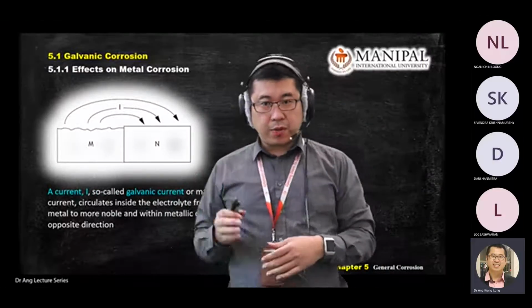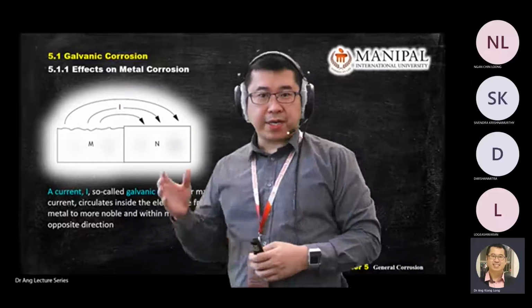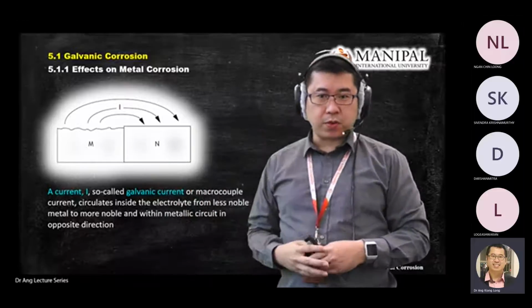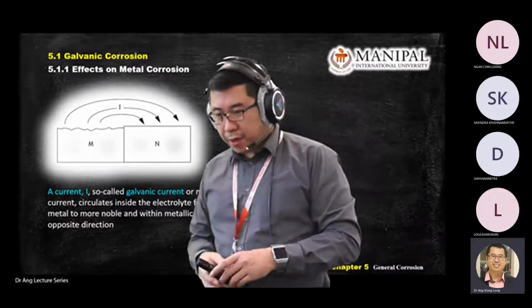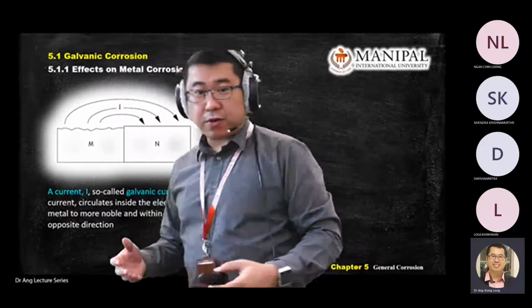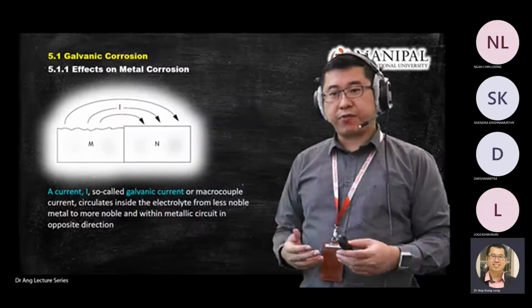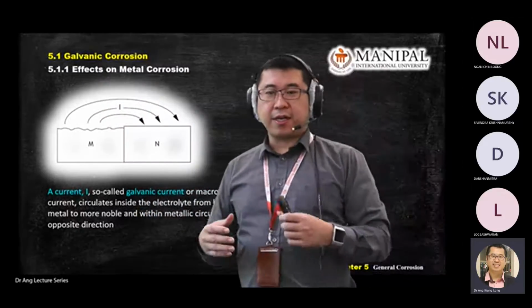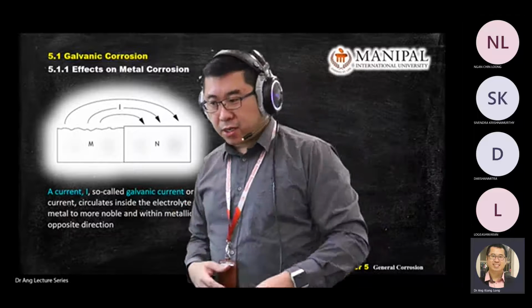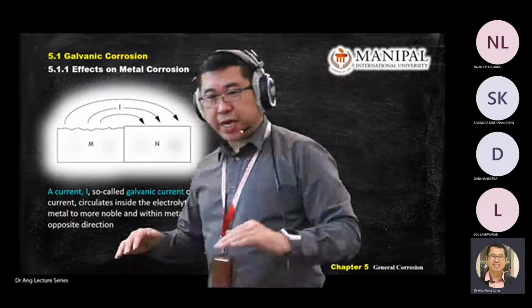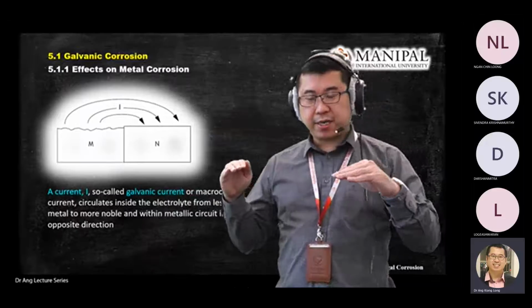Okay, so previously we talked about galvanic corrosion. In galvanic corrosion, basically there is an exchange of electrons between two metals, right? So again, we have two brothers here.